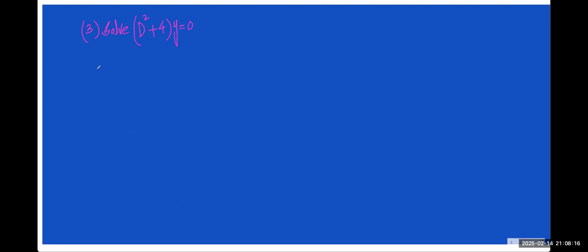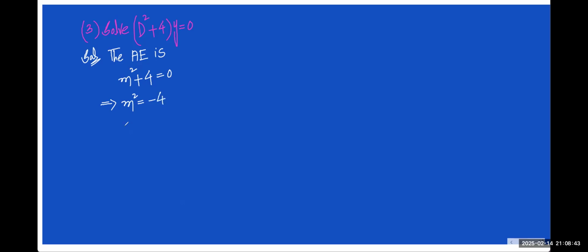Again, the question is given directly in operator form. We have to write the auxiliary equation. The auxiliary equation is, wherever D is there, replacing with small m, that is m square plus 4 is equal to 0, which implies that m square value is minus 4.